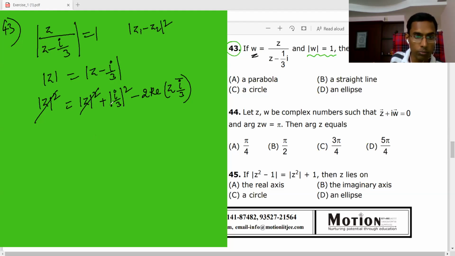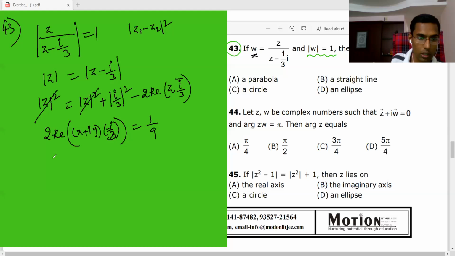This is a big way. Otherwise, we can do another way also. Now I will bring twice the real part of this, z plus z means x plus iy, understand? And this i bar means minus i by 3. This is going to be equal to 1 by 9, as mod i by 3 is 1 by 9. Now what is the real part in this?